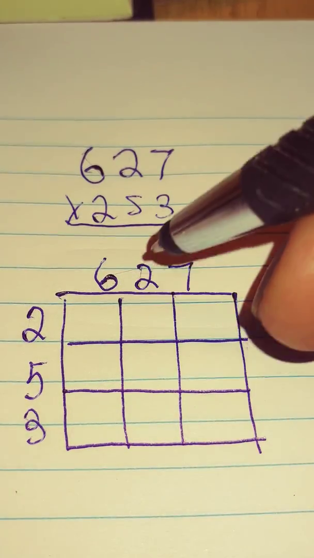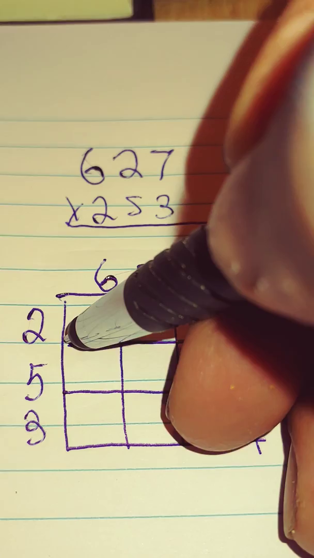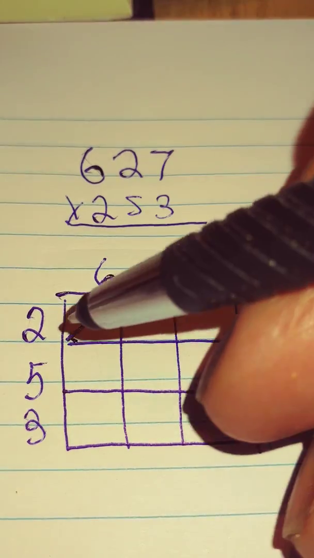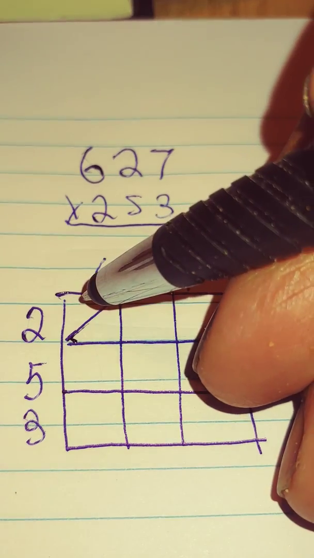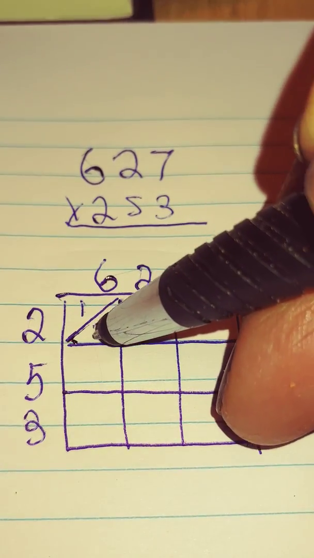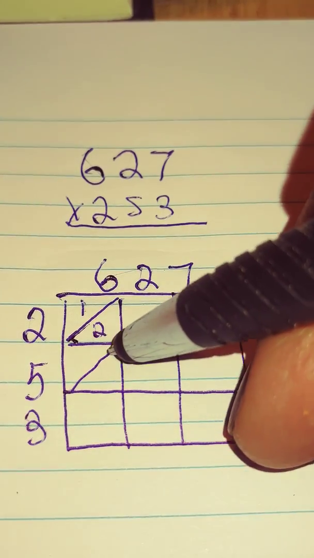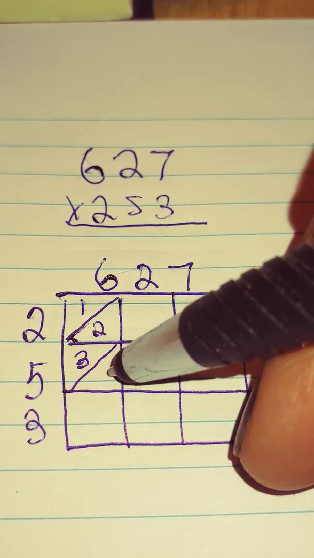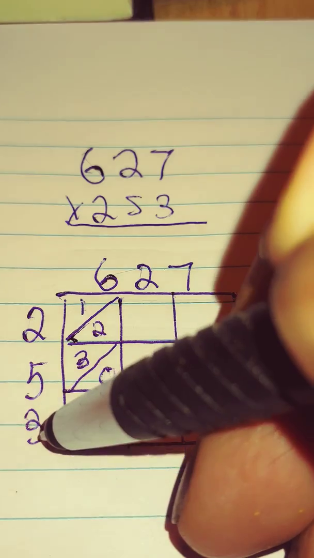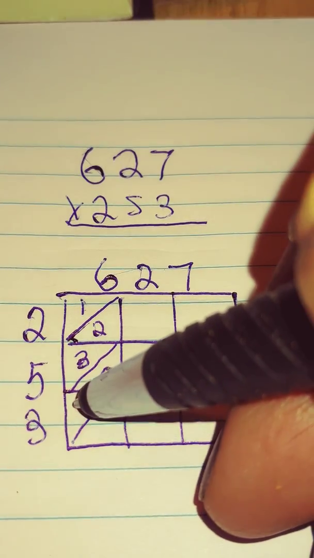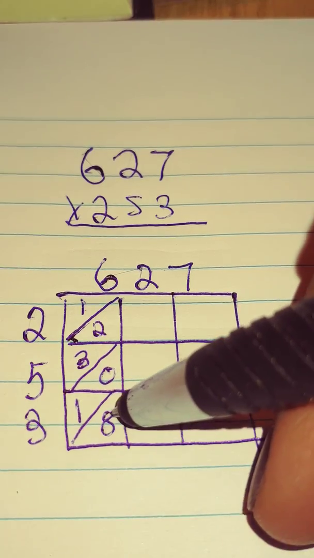Then you start here, and you make your divisions between the 10s and the 1s. So you go 2 times 6, and that's going to be 12. 5 times 6, it's going to be 30. 3 times 6, it's 18. Pretty easy.